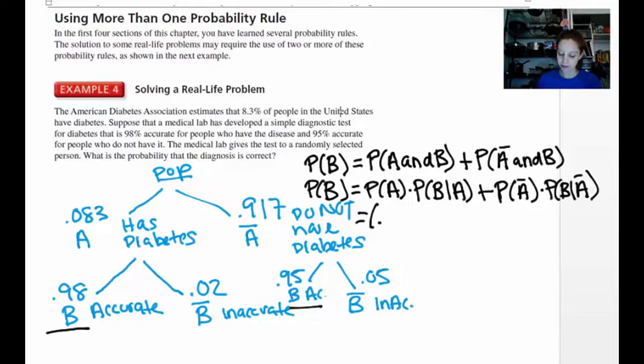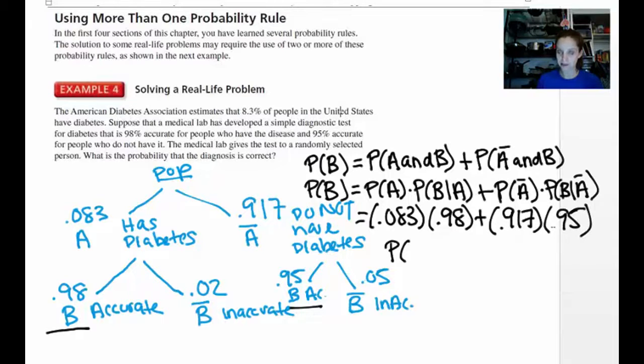We have 0.083 times 0.98 plus 0.917 times 0.95.